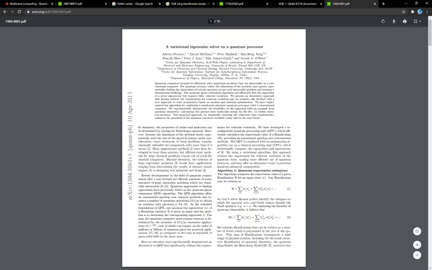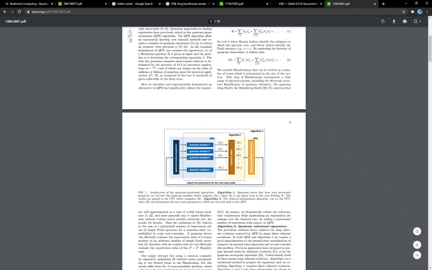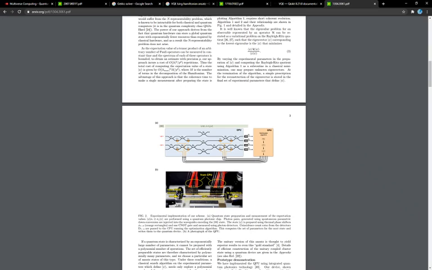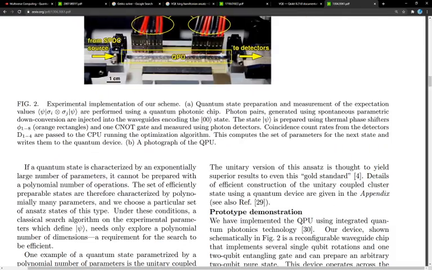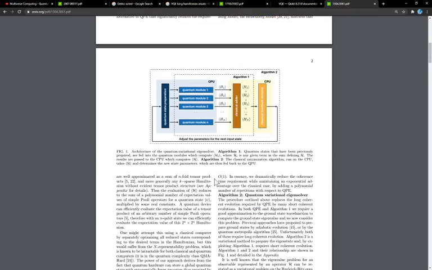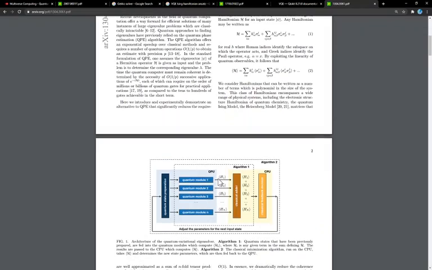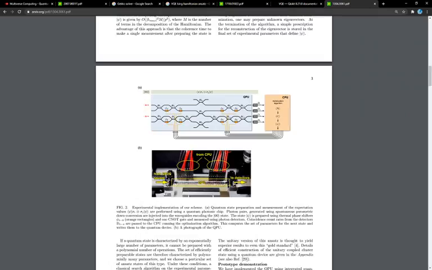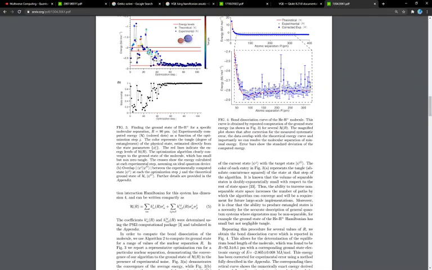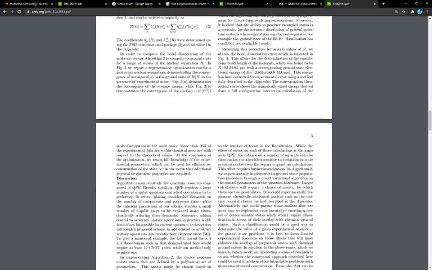This is how the Hamiltonian may be written. Yeah, that was the original paper. I don't know what ansatz would be the best for these.